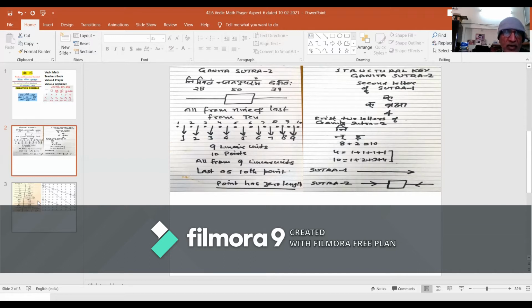Here we are in the second sutra. The first sutra is Ekadhikena Purvena, a sequence, a sequential order, an array of values as a sequential arrangement of one element following the other element. There, in that organization, it is a linear arrangement.